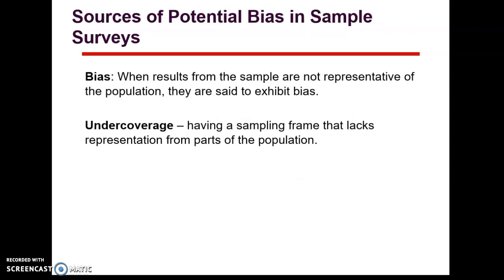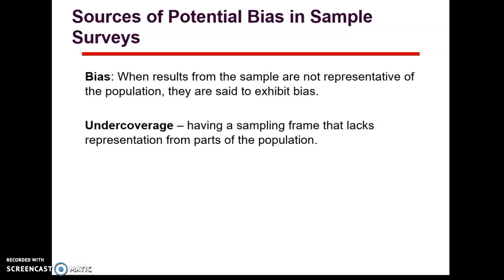Bias is what we have when the results are not representative of the population. Undercoverage is having a sampling frame that lacks representation from parts of the population. So for bias, suppose I ask people outside a chicken place whether they like chicken or vegetables more.